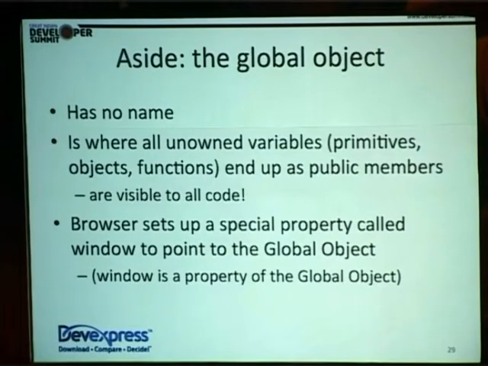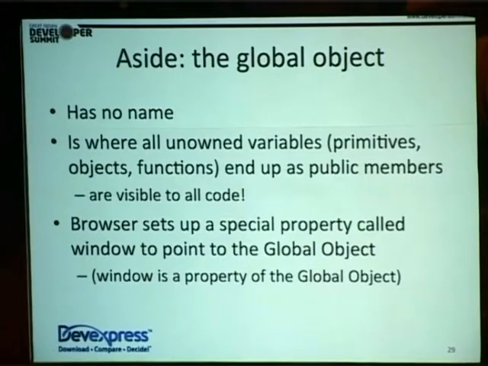They're visible everywhere to all code. I don't know about you, but global variables scare me. JavaScript makes it so easy to create global variables, it becomes really hard not to create them. The browser actually sets up a special property called window, and that points to the global object.